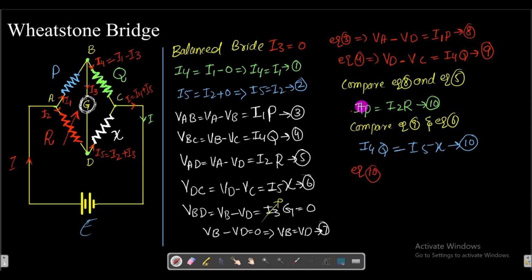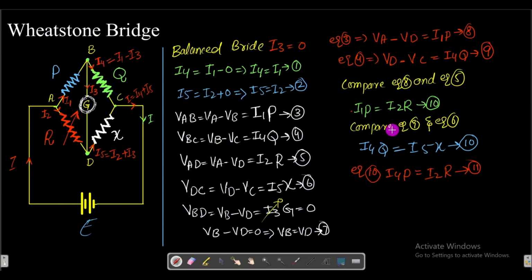So this I1 becomes I4, and this is P, which is equal to I2, and this is R, and let's say this is equation 11.